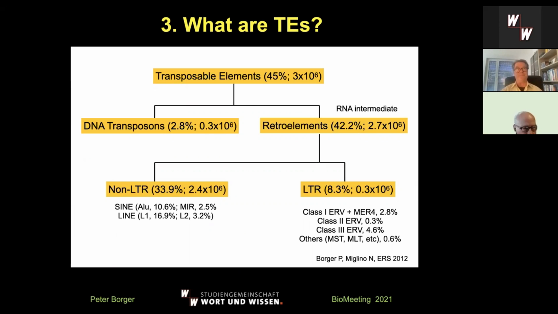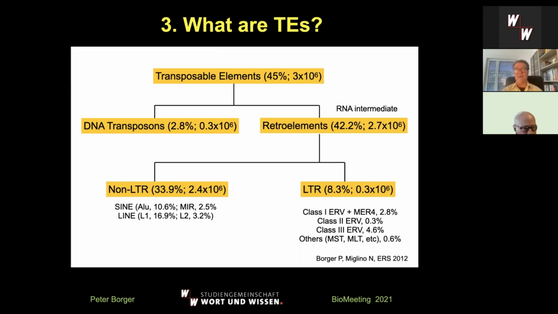So this shows already that they are abundantly present. Almost half of the genome is built of these transposable elements. So this already indicates that they must have a very important role in biological processes.